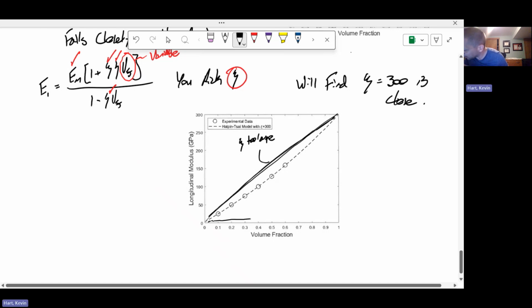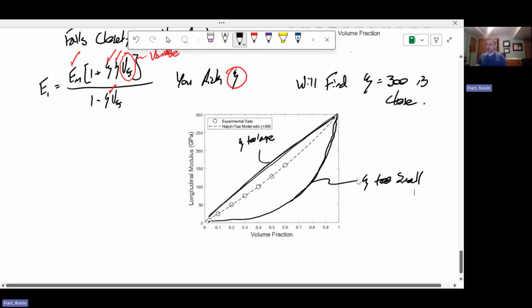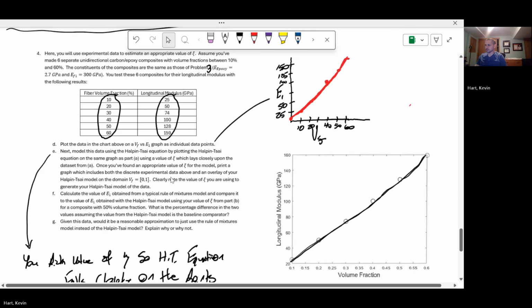And if you tried this problem and you had something that looked like this, that would be xi too small. It just comes to playing around with the data a little bit, plotting what's reasonable, and getting to a solution. That's number 4. Clearly note the value of xi. Okay, we pick xi as 300.